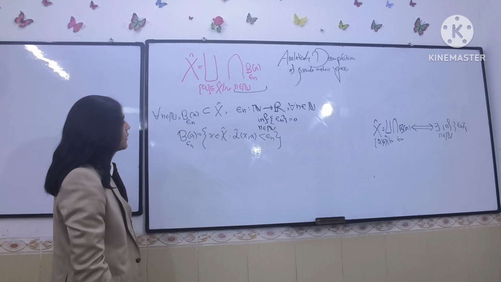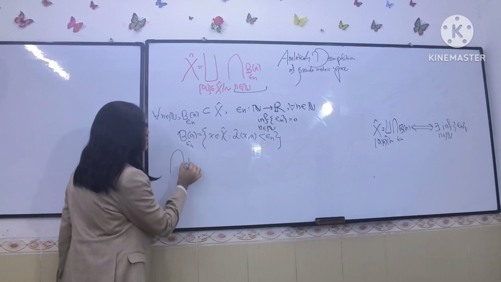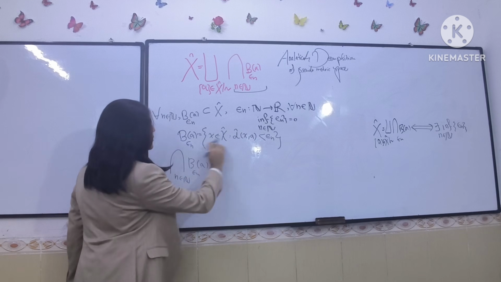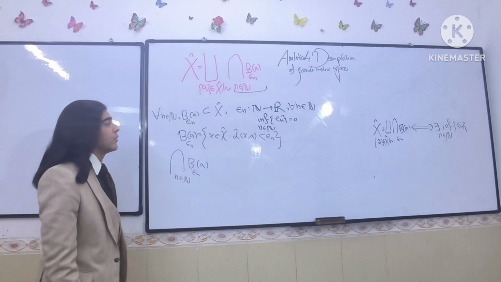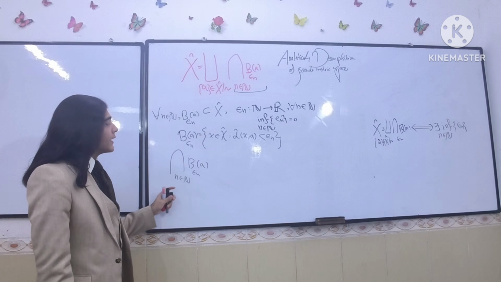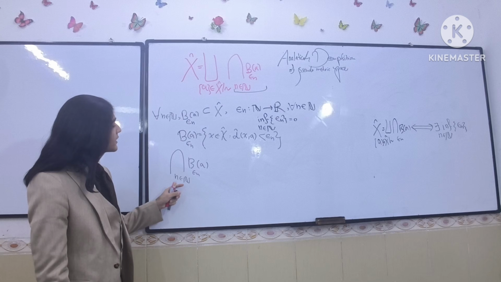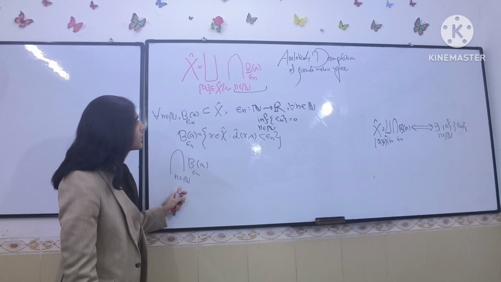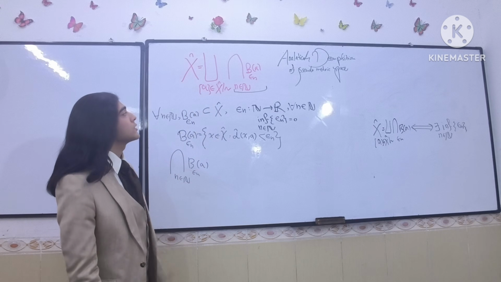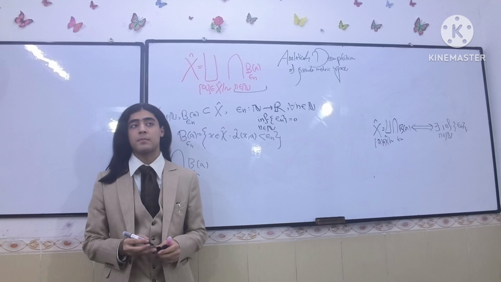Now, what I mean by the intersection of these neighborhoods or open balls? Before I explain the intersections, I'm going to explain the quotient and the equivalence classes in this pseudo-metric space.